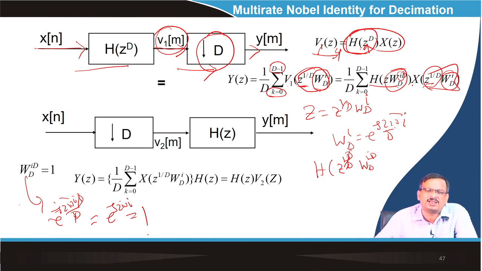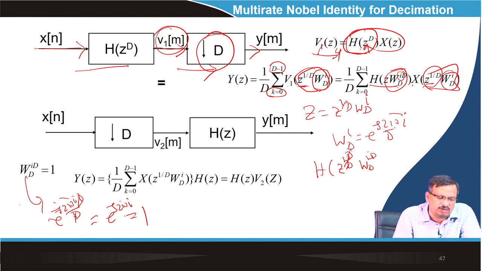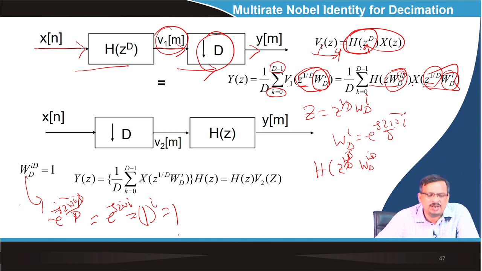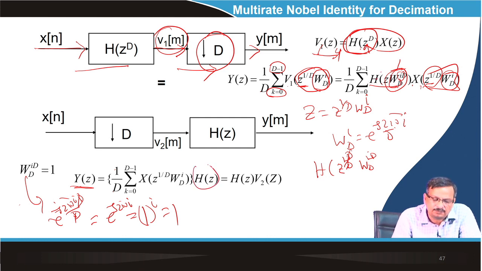For i equal to 1, 2, 3, every value will be 1, because e to the power j 2 pi is 1, and 1 to the power i is equal to 1 for an integer i. So in that case, Y of z is equal to 1 by d times the sum where this becomes 1. So this becomes H of z and this will remain.